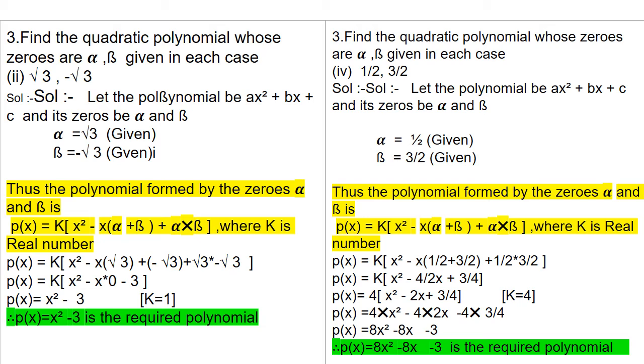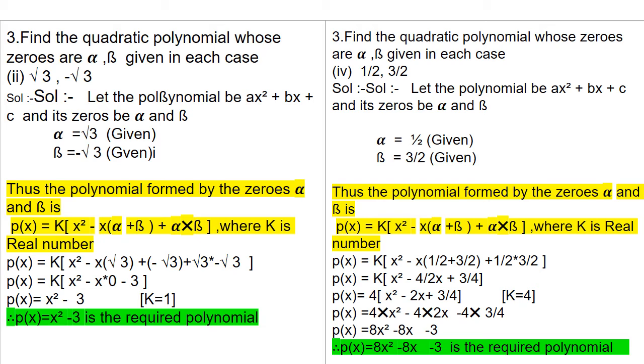Let the polynomial be ax square plus bx plus c and its zeros be alpha and beta. Here alpha is equal to root 3 and beta is equal to minus root 3. Using these two zeros we have to find the quadratic polynomial here.